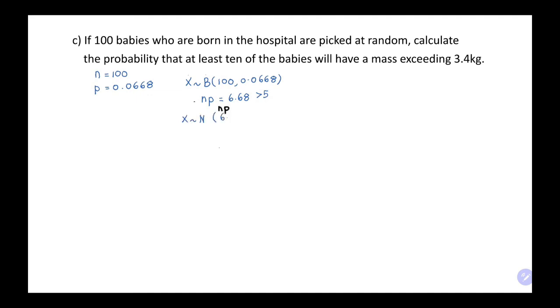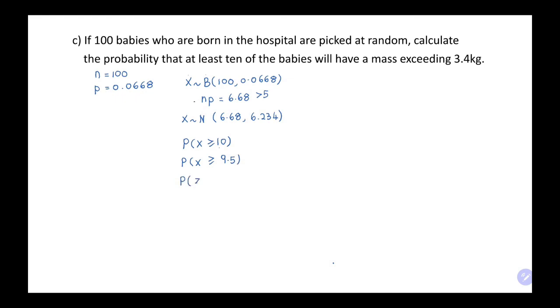The mean is n times p, 6.68, and the variance is n times p times q, so we get 6.234. The question asks for the probability that at least 10, so we want P(X greater than or equal to 10). Since we change from binomial to normal, we need to do continuity correction. For greater than or equal, we minus 0.5, so we get 9.5.